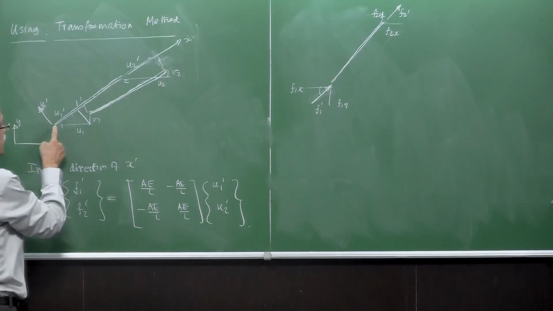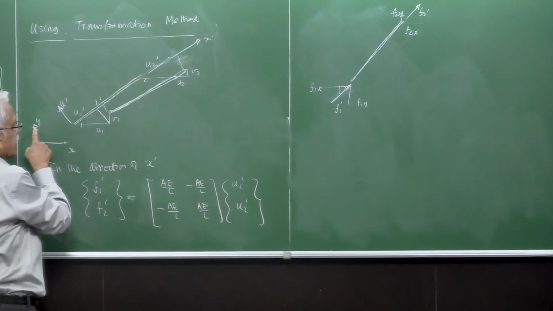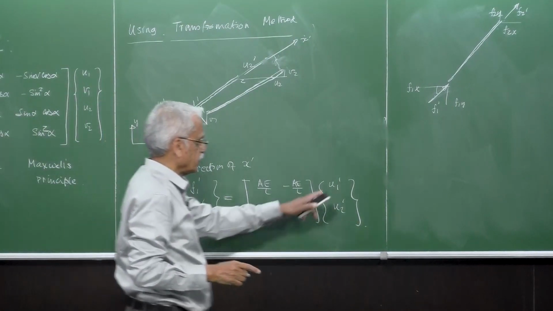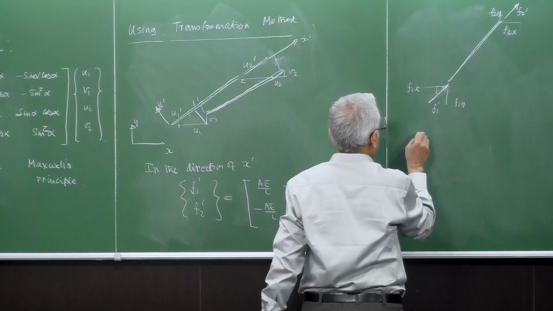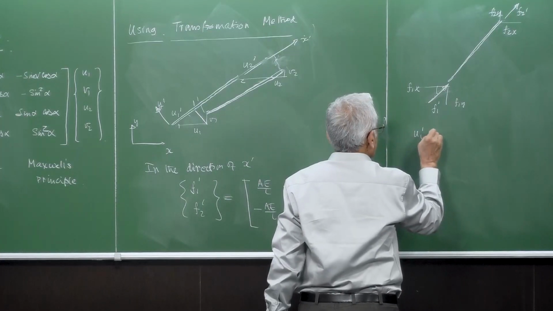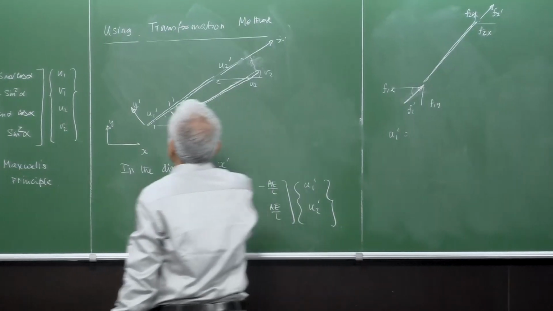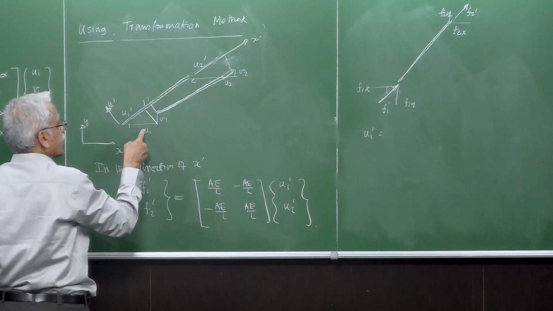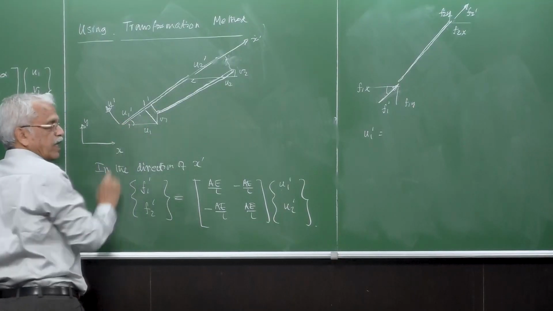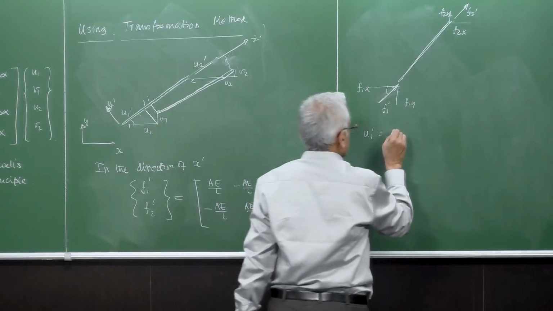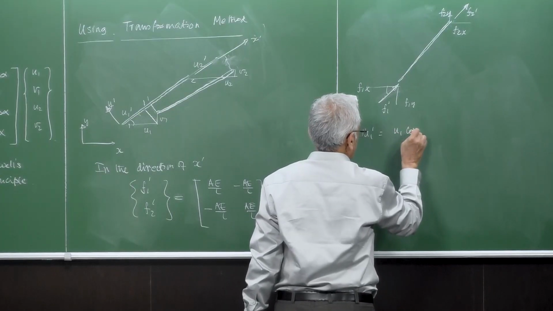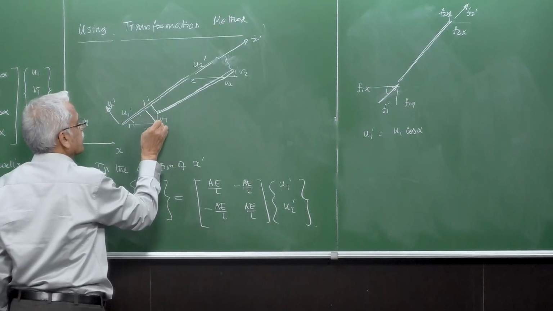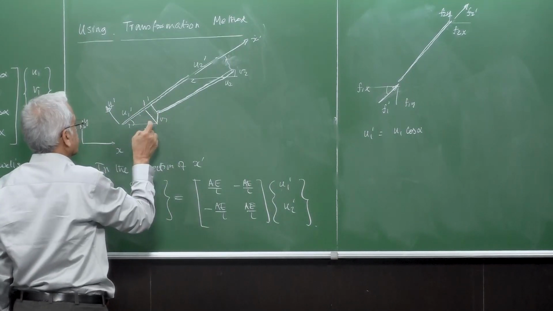So the displacements are u1, v1 in the xy reference direction, whereas we need u1 prime here to use it. So u1 prime is nothing but the component of u1 along the axial direction, that is u1 cos alpha, as well as the component of v1 in the direction of y.